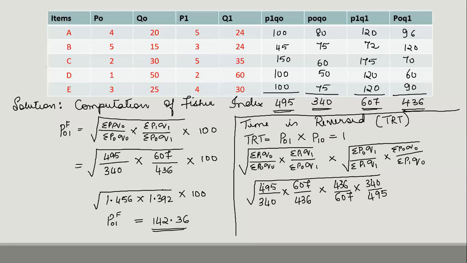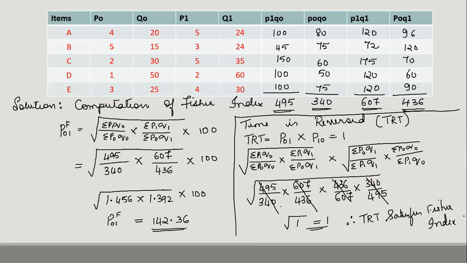Here 495 divided by 340 has its reciprocal 340 divided by 495, so it is cancelled. Similarly 607 and 436 cancel. What remains is the square root of 1, which is equal to 1. Therefore, TRT satisfies the Fisher index.